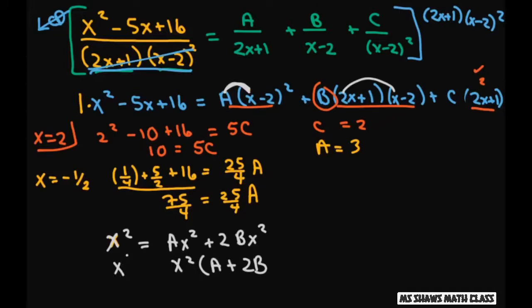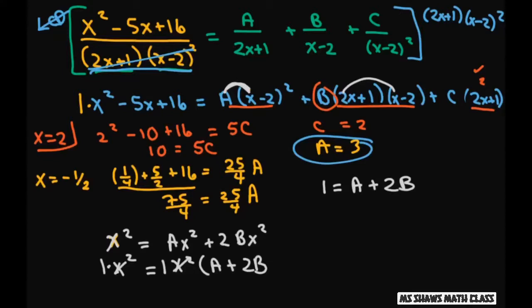So now we equated our coefficients. We have 1's in front of here, so that will cancel, and you get 1 equals A plus 2B. So we didn't have to go through and fill all that in, because we already had two of our constants.